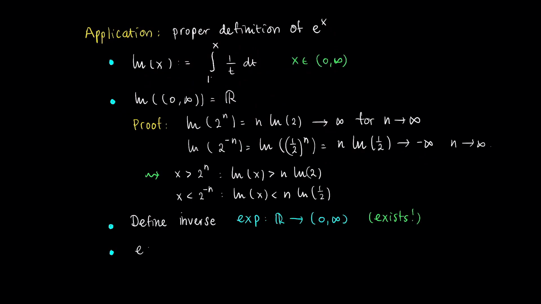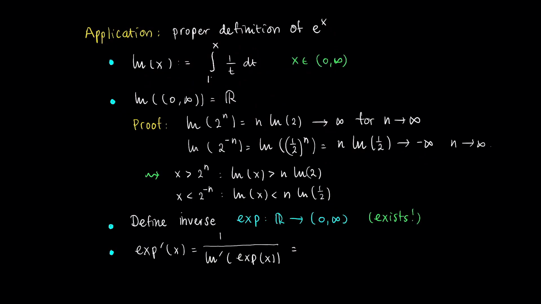By applying the reciprocal formula for the derivative of the inverse, we get that the derivative of the exponential function, defined as the inverse of the natural logarithm, is just 1 over the derivative of the natural logarithm evaluated in the exponential function of x.